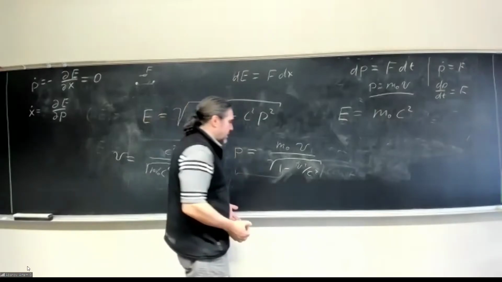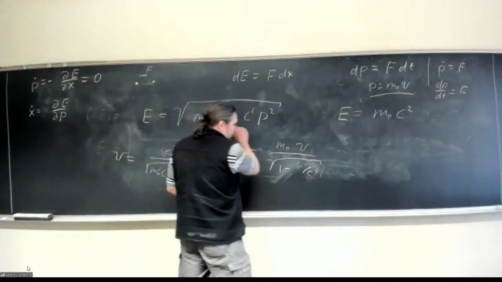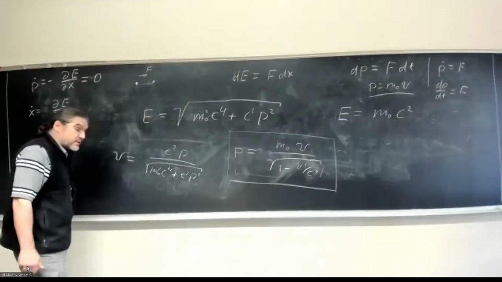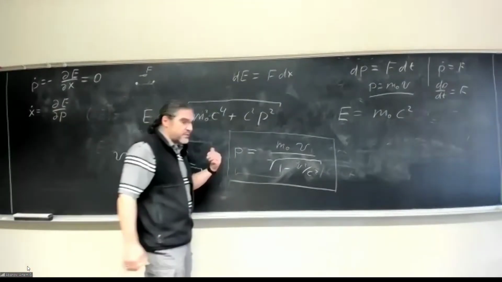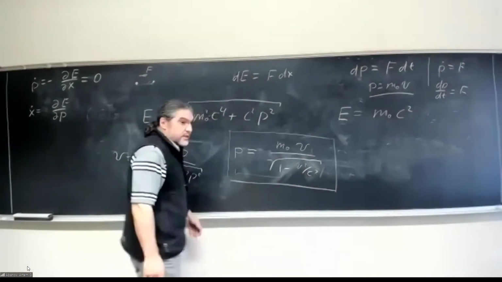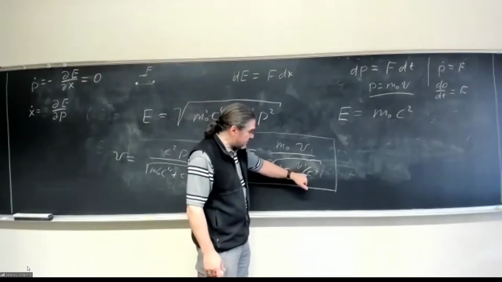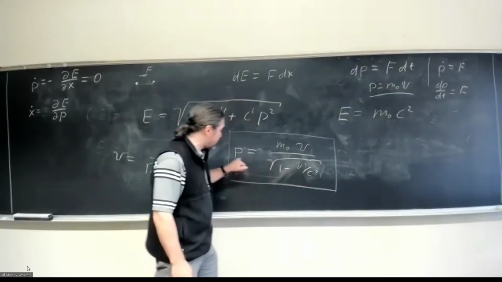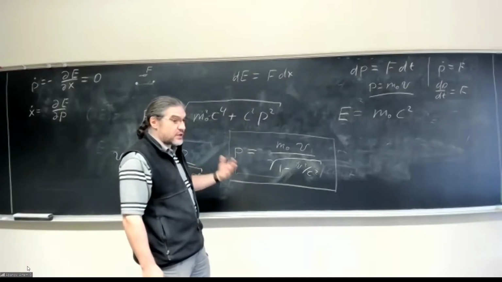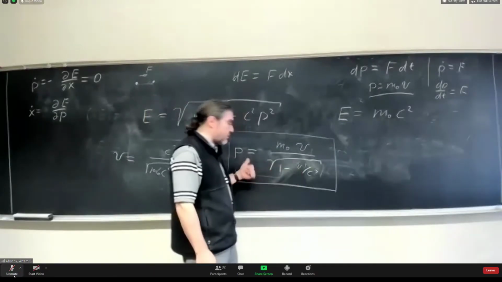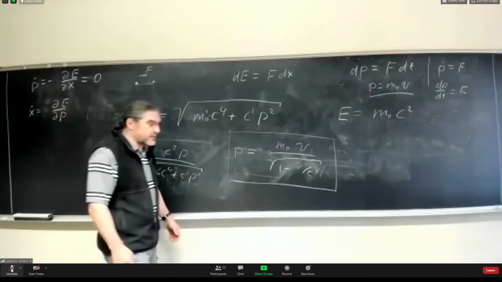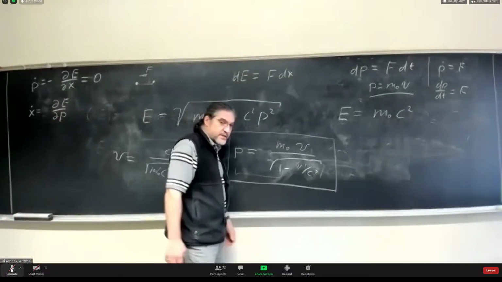But nevertheless, that's not exact. When velocity becomes large, then there is that square root which will change it. Now, notice that when velocity becomes close to the speed of light, momentum actually goes to infinity. So velocity is still finite, but momentum goes to infinity. It becomes larger and larger. Right? Does that make sense?